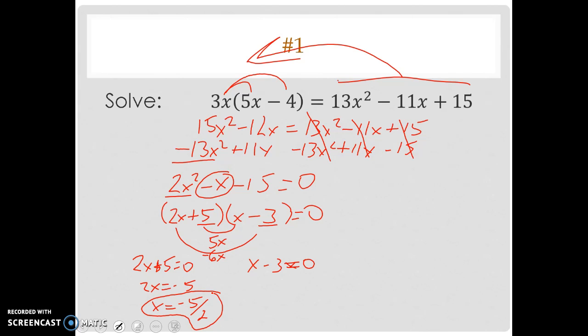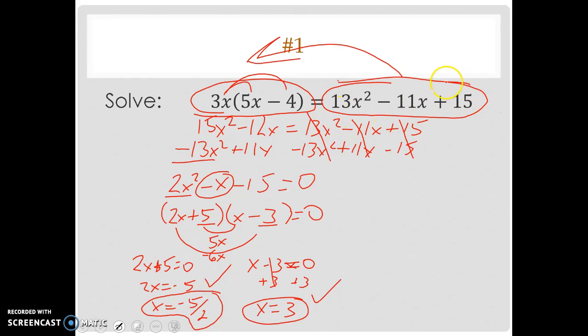And then here, if I add 3 to both sides, then I'm going to have x equals 3, and that's my other solution. I could check both of those to make sure that this side of the equation equals this side of the equation. And if I did that, I would see that both of those would be my solutions to the equation. So that's what our equations are going to look like.